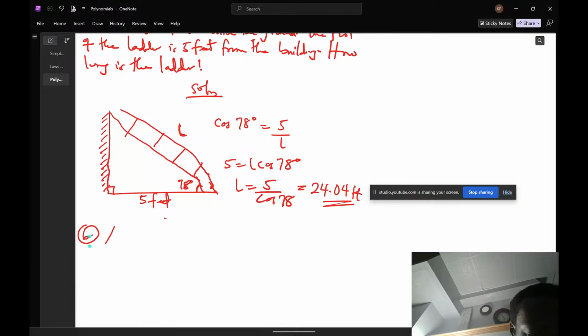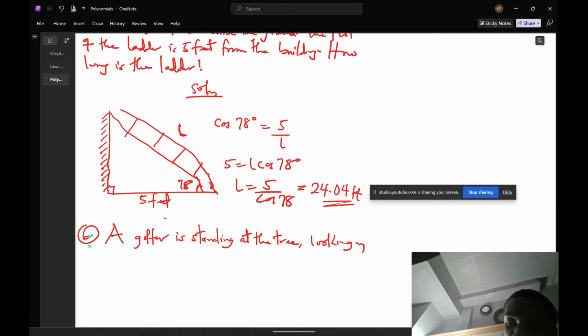So this question says a golfer is standing at the tree, looking up to the green on a hill.